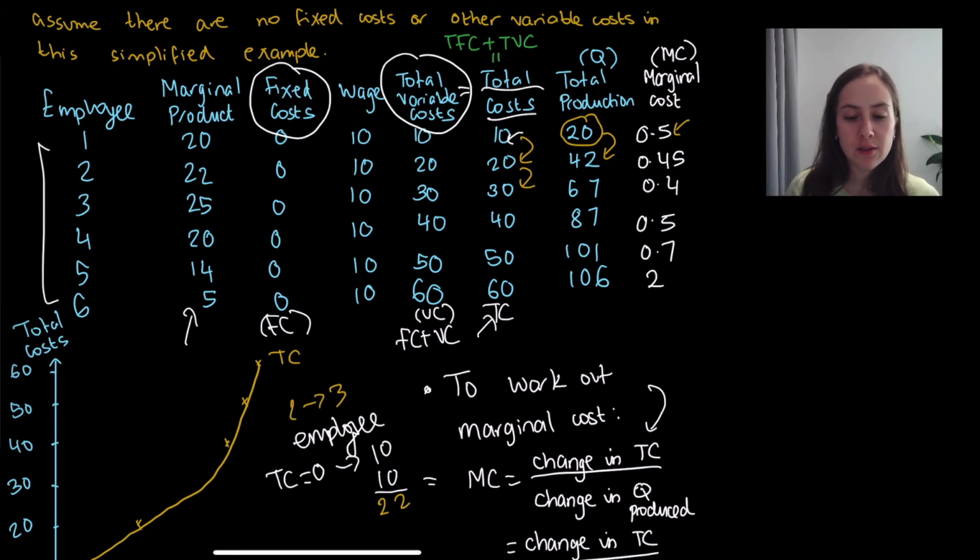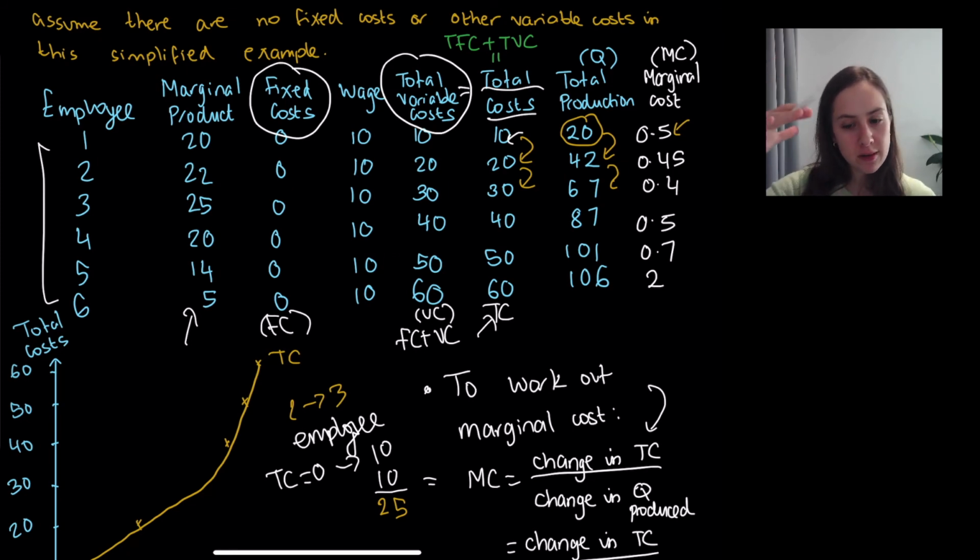So the change in costs is 10. And then the change in the output is the difference between 42 and 67, which is 25. If you do 10 divided by 25, you get 0.4. And that's how you work out marginal cost.